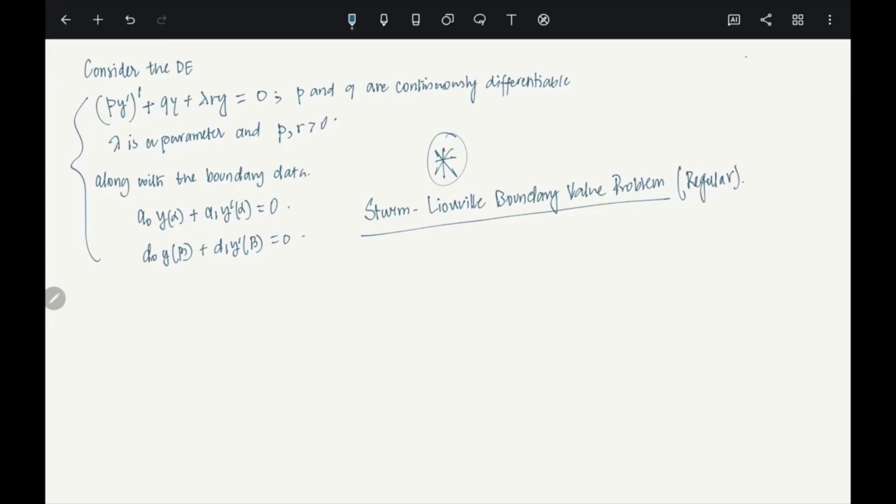See, the thing is, the lambdas which you are going to find. So basically, a small note here. What is the problem?